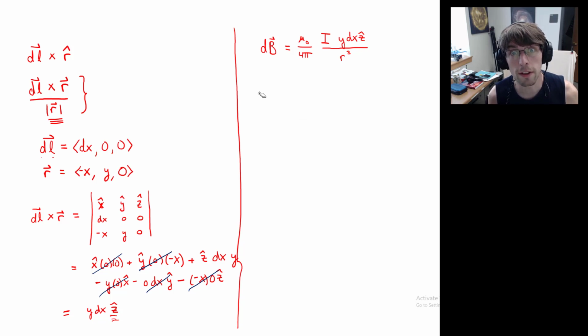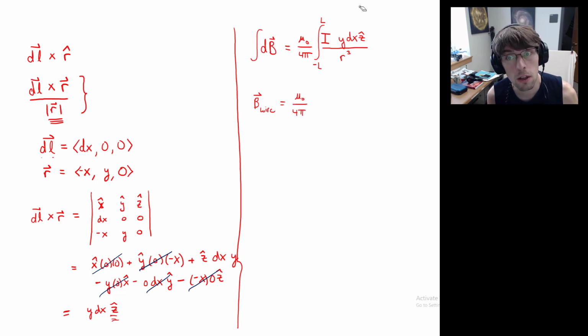Now, of course, I want not the magnetic field due to a tiny piece, but the whole thing. So I need to now integrate. If I integrate from negative L to L, I should now obtain the magnetic field of the entire wire. So I'll call that B wire. And notice I've already pulled the constant out, mu naught over 4 pi.